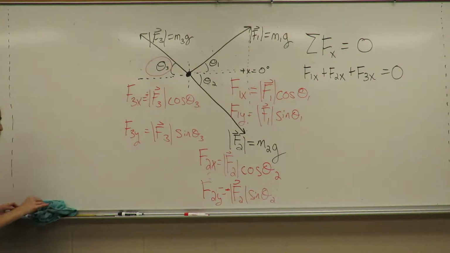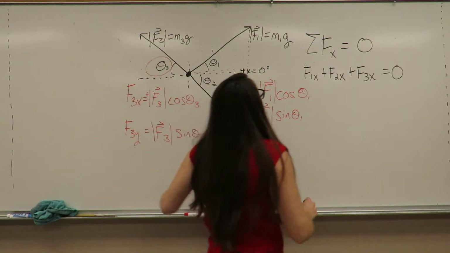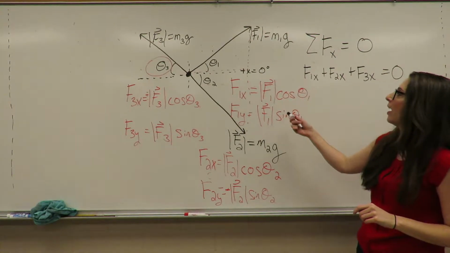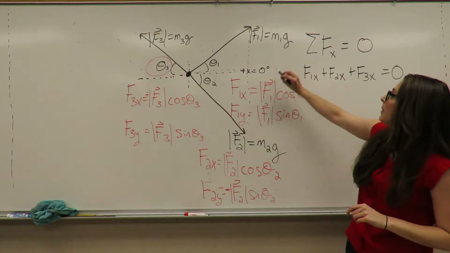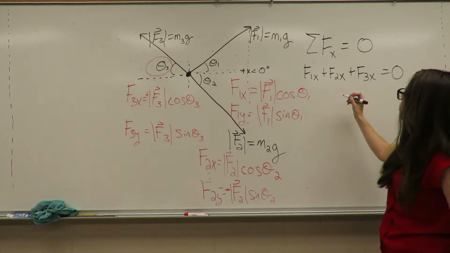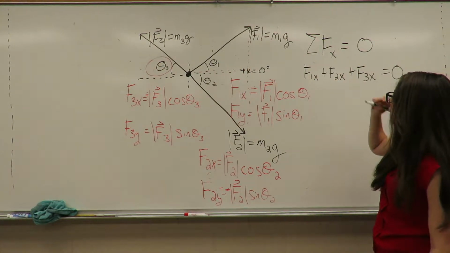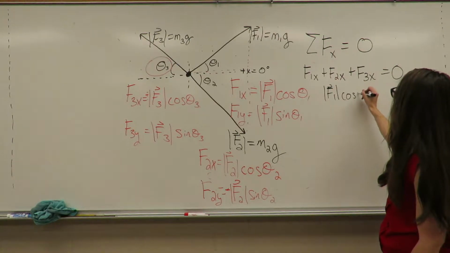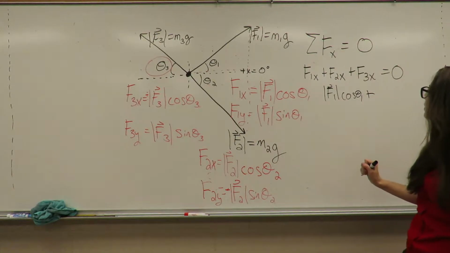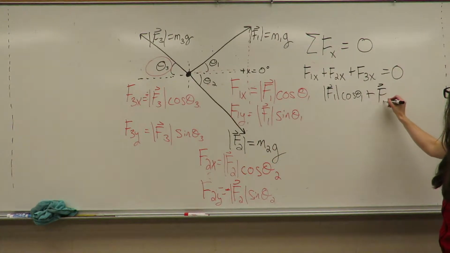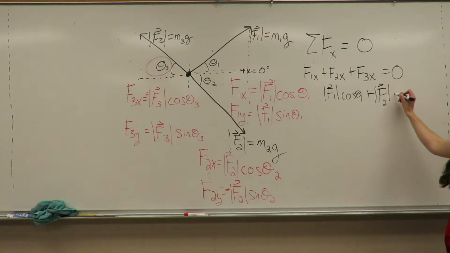Okay. So for F1x here, you would have calculated an actual value for this: the first mass times gravity times cosine of this angle right here. I'll just write it as the magnitude of F1 cosine theta 1 plus, for F2x, the magnitude of F2 times cosine theta 2.